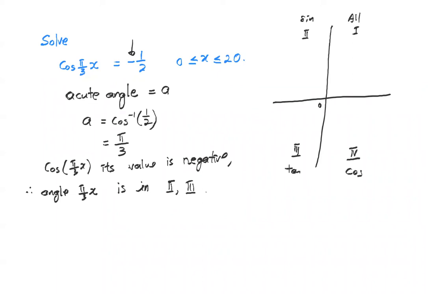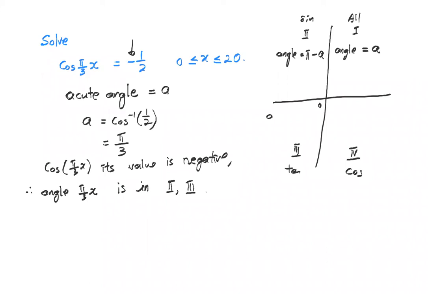The rest are negative. So if the angle is in the first quadrant, then the value of that angle will be equal to the acute angle. Understand? If the angle lies in the second quadrant, the angle will be equal to pi minus the acute angle.